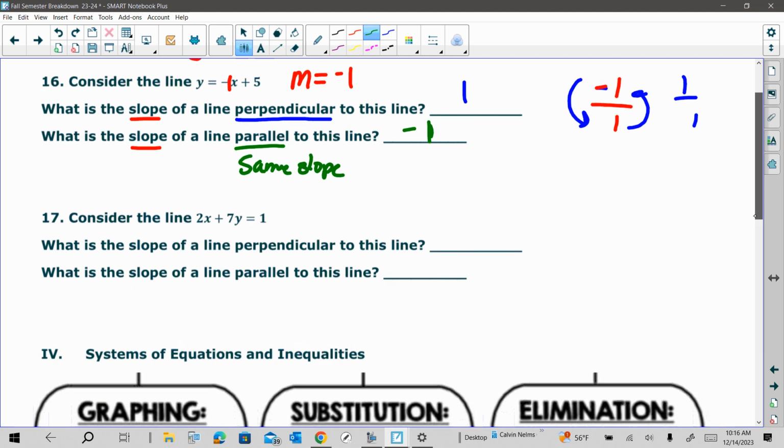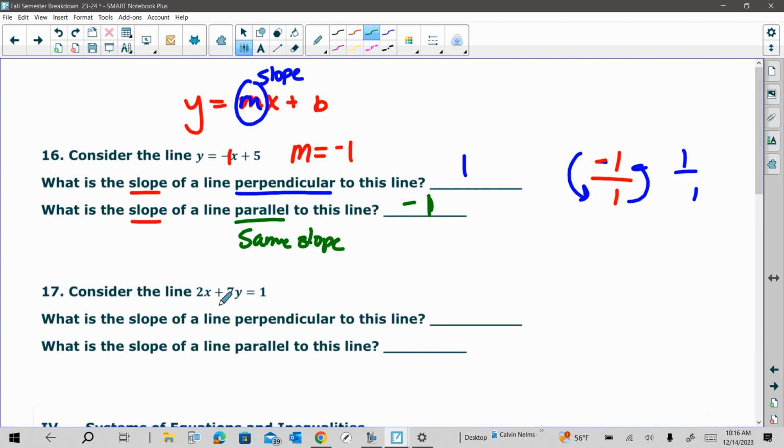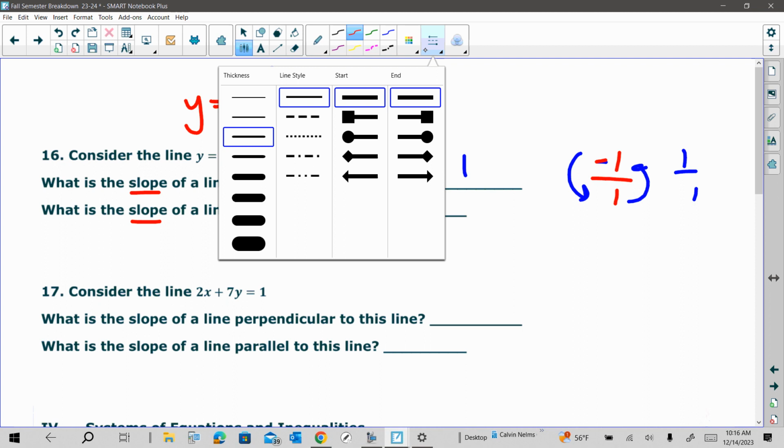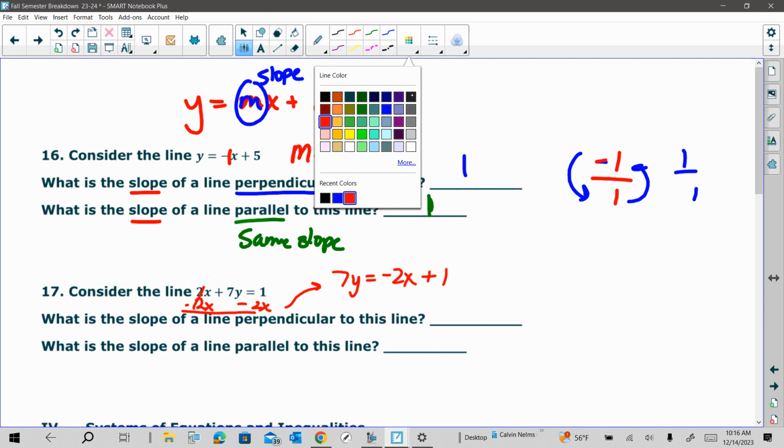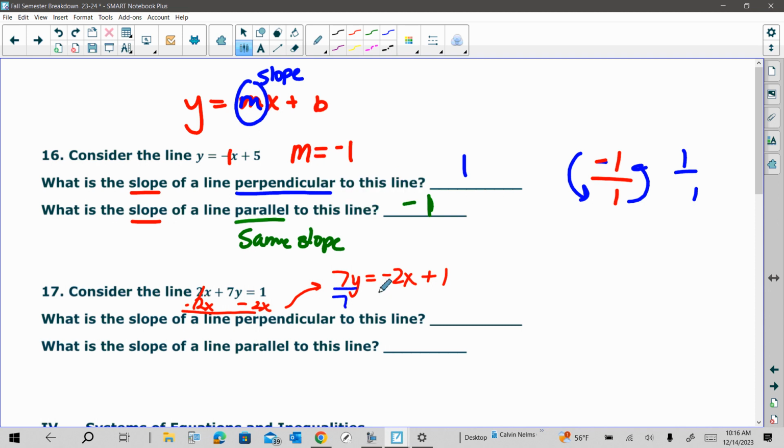Now, on a problem like this, it's not in slope-intercept form. So you have to minus the 2x. I'm just going to rewrite it over here. That's 7y equals negative 2x plus 1. Then you have to divide by 7.